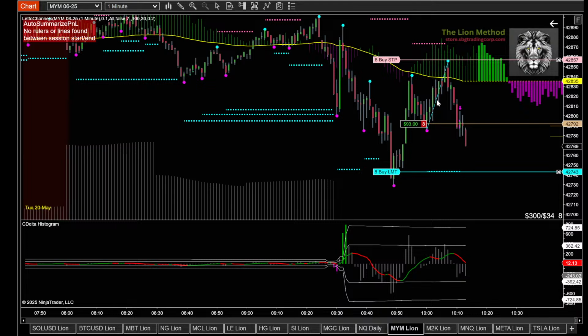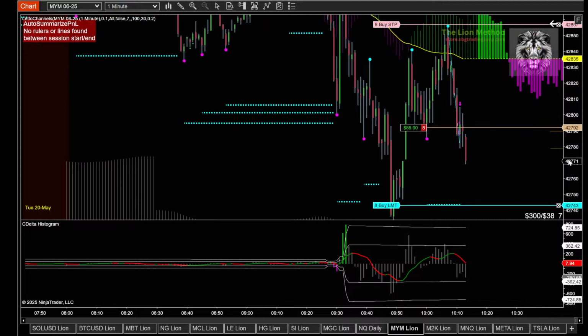All right, well, the Dow is selling off. Once we get fully in profit, let's go ahead and move our target stop loss to break even. I wait for this bar to close, and if it's completely below the entry, then we move it to break even.